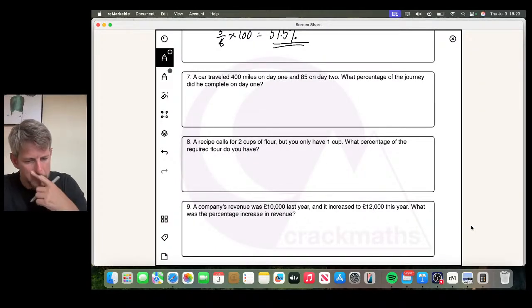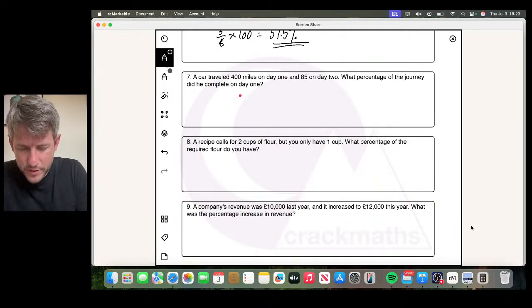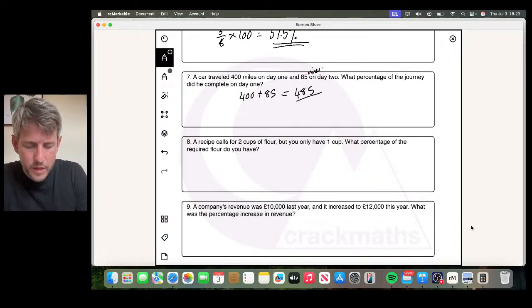Okay, so first of all, we need to add both of those together to find out the total trip. So if we do 400, add 85, that equals 485. Now, he did 400 miles of the 485 miles on day 1.